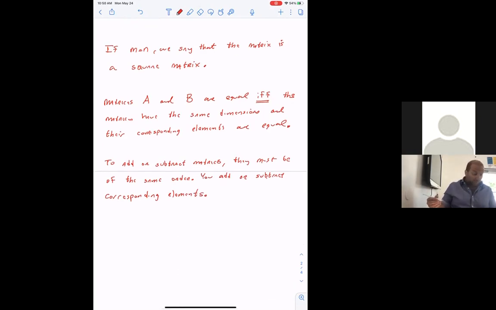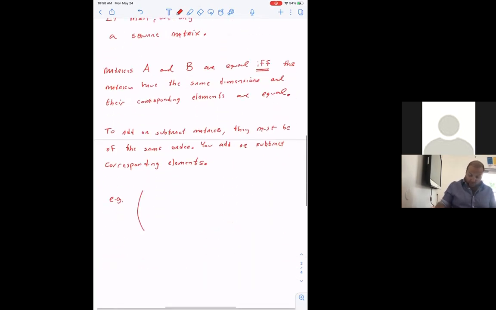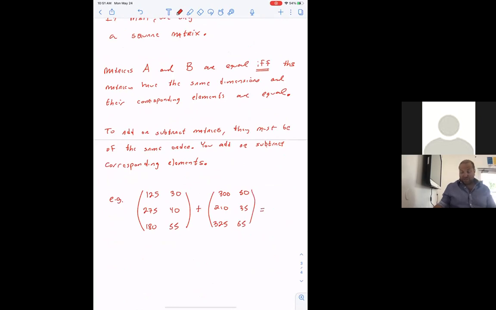And very straightforward, as an example, if I have 125, 30, 275, 40, 180, 55, and I want to add that to the matrix 300, 50, 210, 35, 325, 65. The first thing I check is that the matrices have the same order.